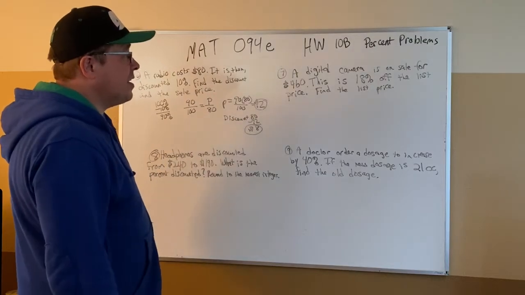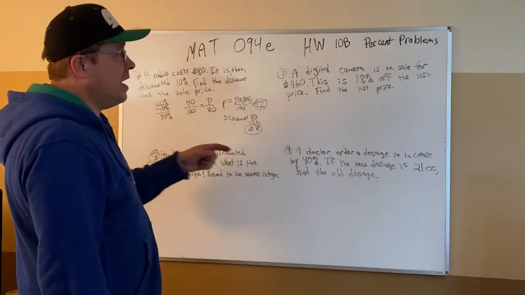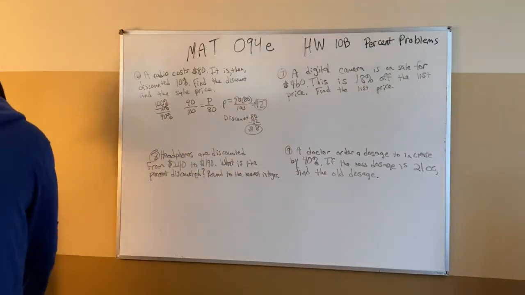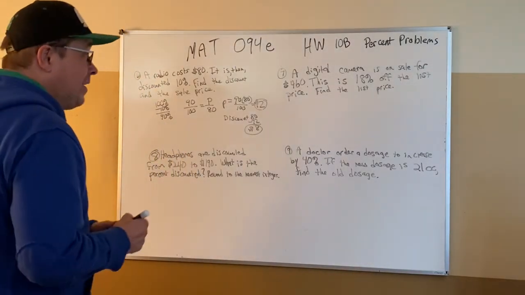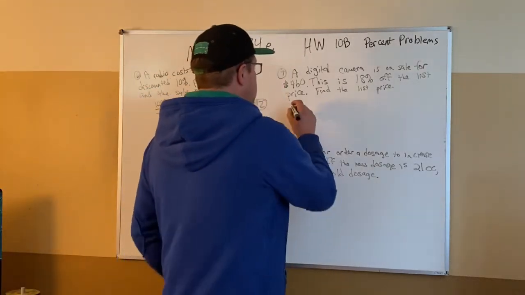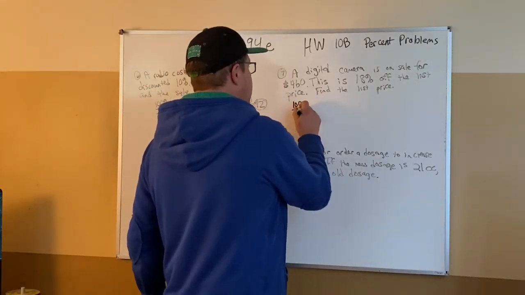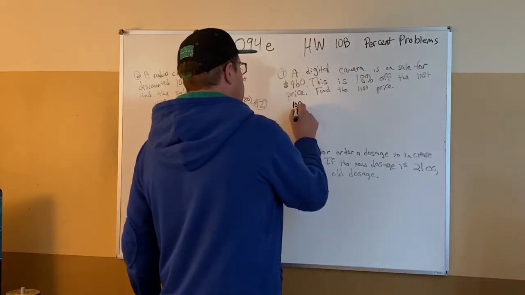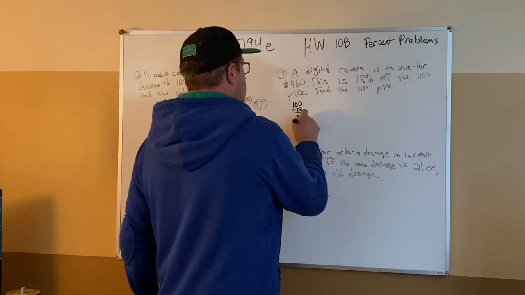The digital camera is on sale for $460. This is 18% off the list price. Find the list price. Now they're telling you what it is now, and you got to go find the bigger price it started at. So we start with 100, and we subtract the 18%. Come out of here with 82.